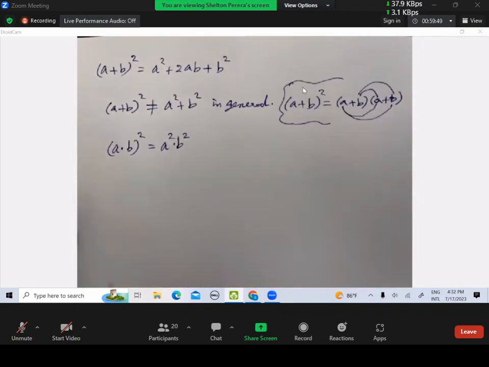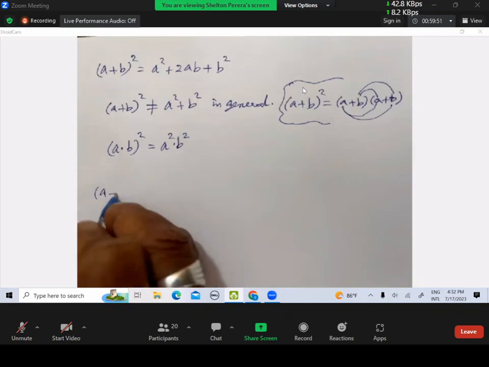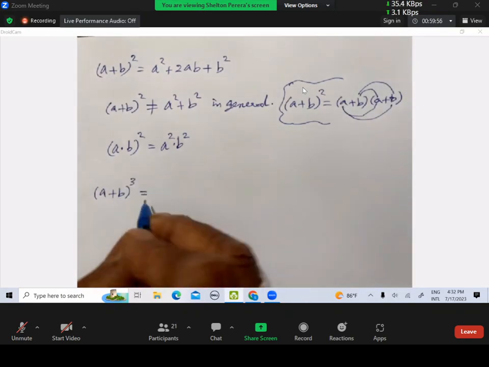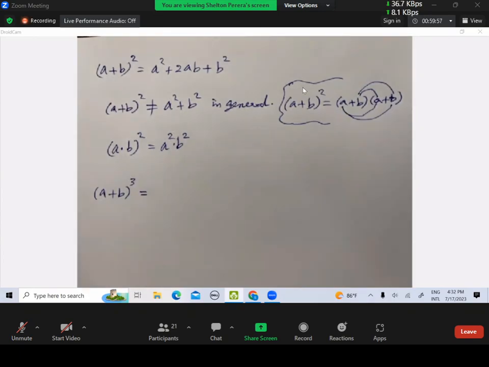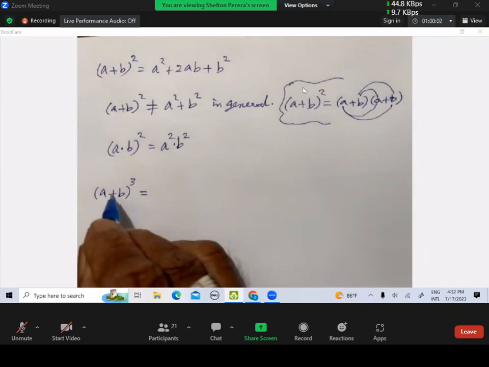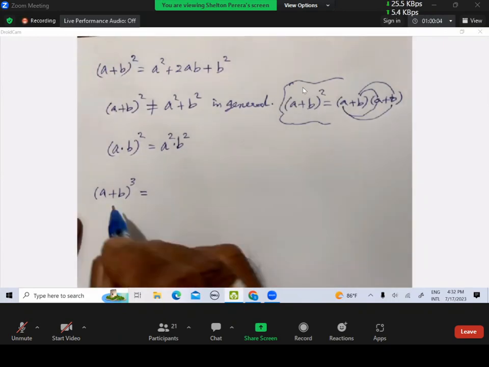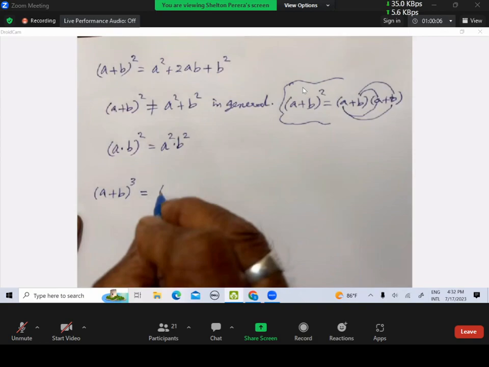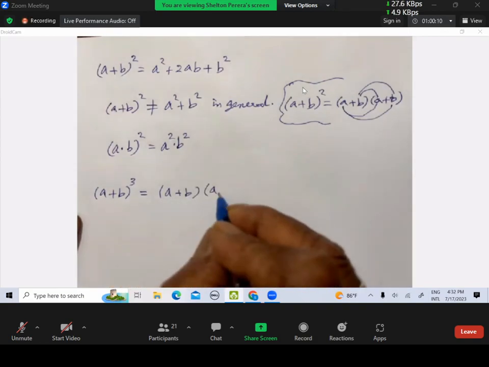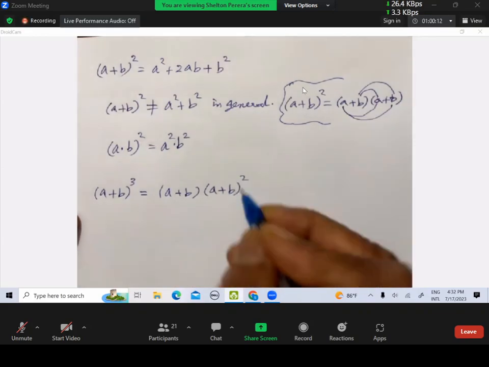For that you need to know what a plus b cubed is. Just a review, a plus b cubed is equal to, it is not a cubed plus b cubed. If this had been multiplication, it is true. But this is actually a plus b times a plus b squared.